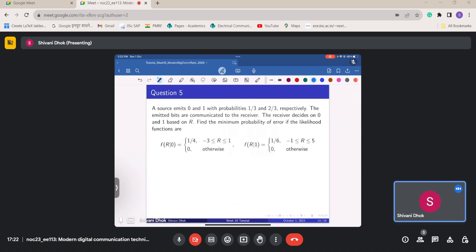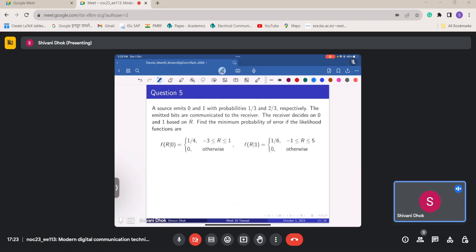Now, the decision rule part of this question was covered in the previous tutorial as well. So I'll quickly take that part also, but now this will majorly focus on how we find the minimum probability of error.